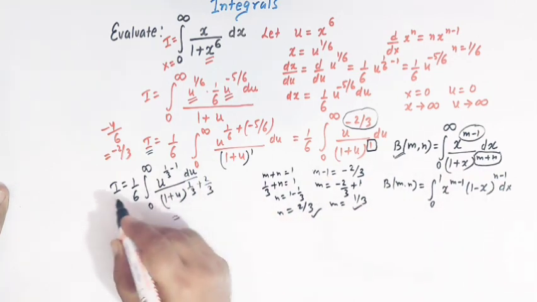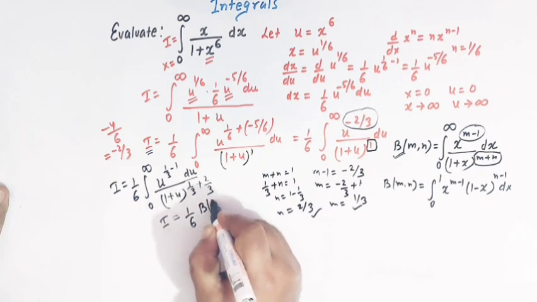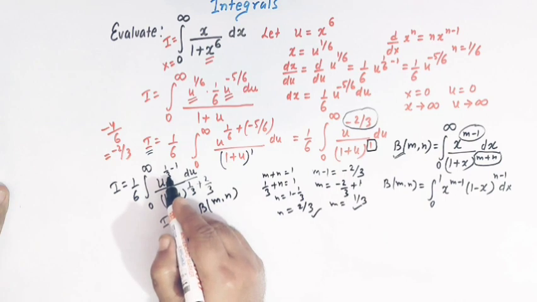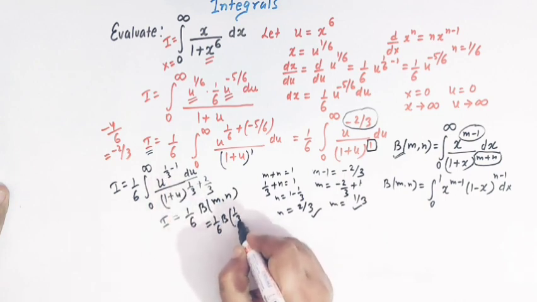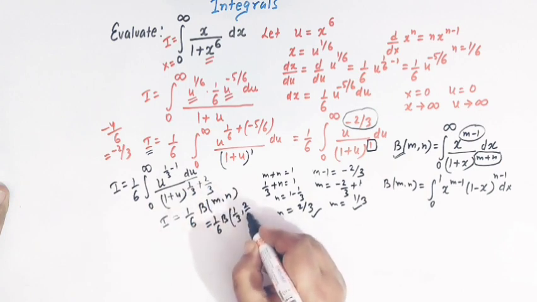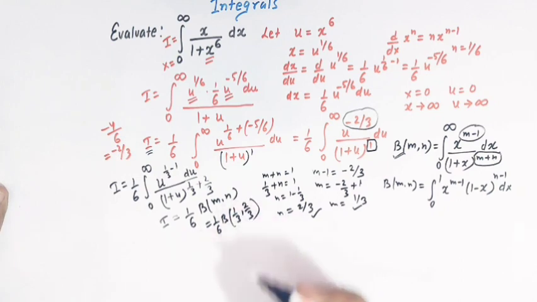Okay, so now see, our integral I resembles this one, right? So I is now equal to 1 by 6 beta mn, right? So m is 1 by 3, and n is 2 by 3, right? So now we have to find the value of beta 1 by 3 comma 2 by 3.